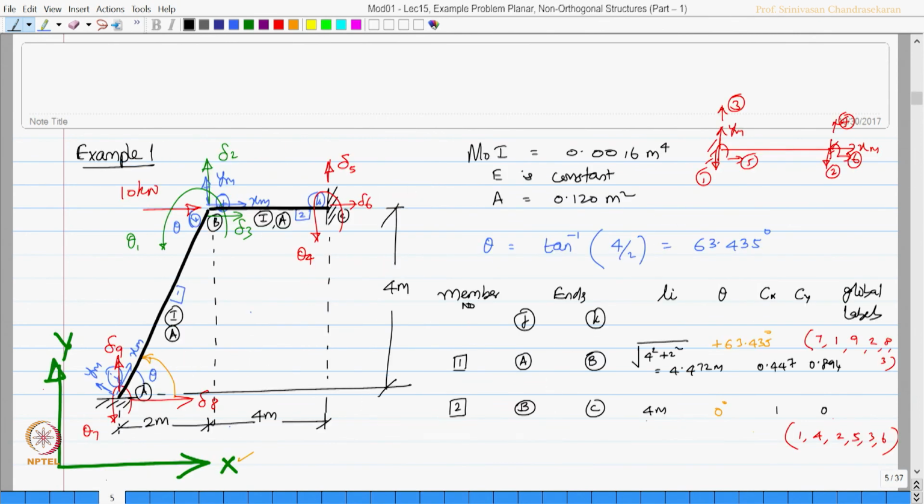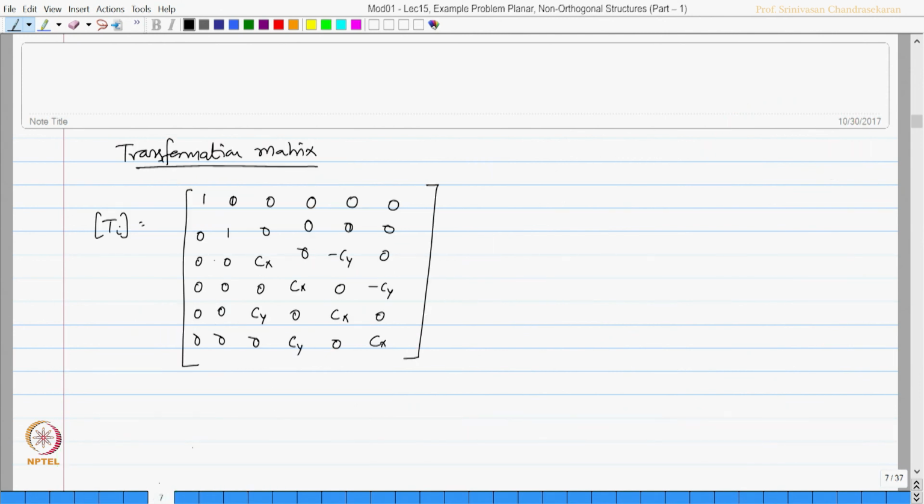You can see here we already have C x and C y for both the members. So, one can compute this transformation matrix for the member AB and for the member BC. So, there is no problem, is it not?